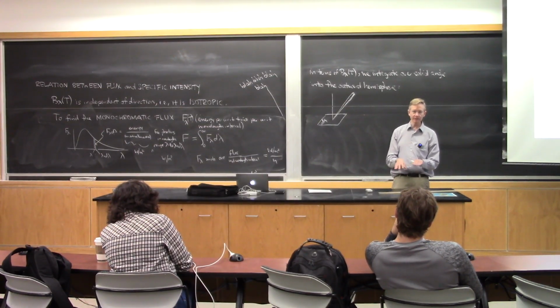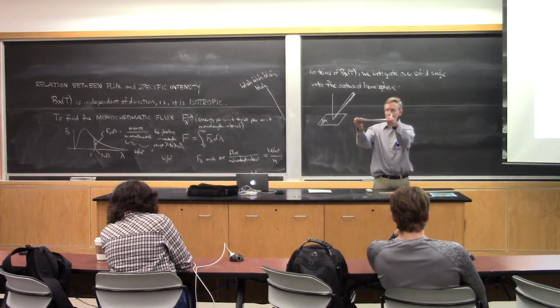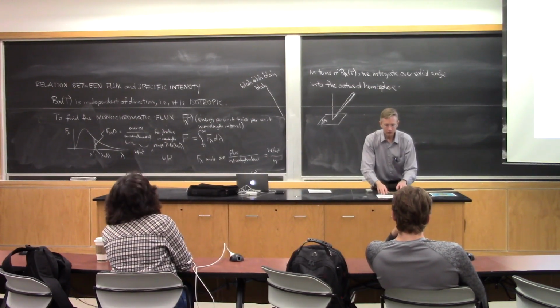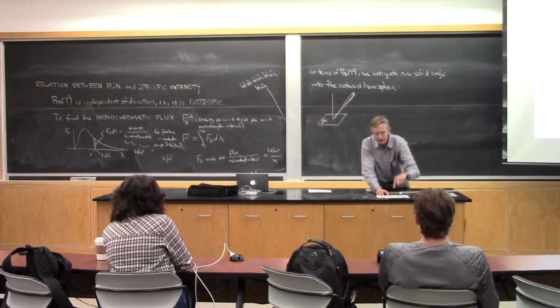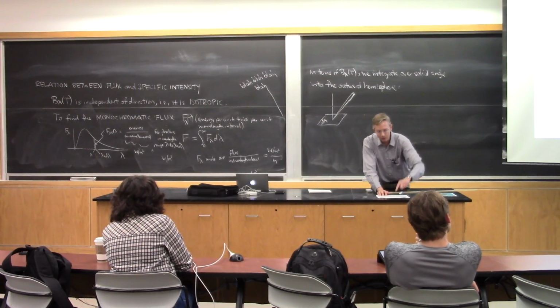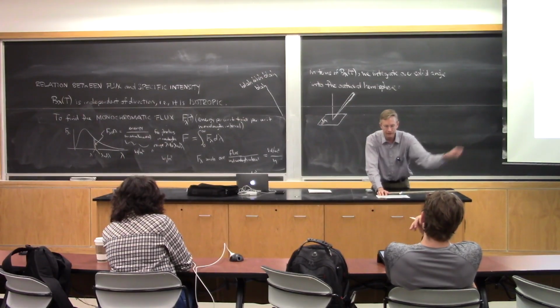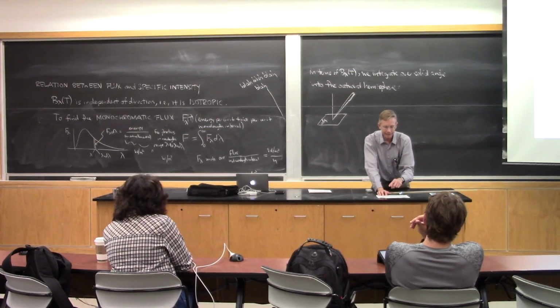So do you understand what I'm getting at here? If this is a patch of surface right here, the total flux is how much is coming out of that surface. I don't care what direction the photon is traveling when I do that. If I want the total flux, I add up all the photons, no matter what direction they're flying when they come out of the surface. And how I'm going to get that is I know B lambda is uniform.